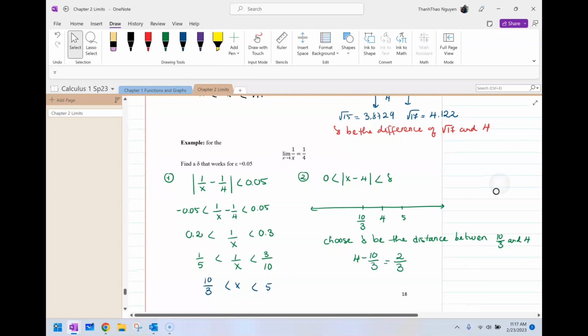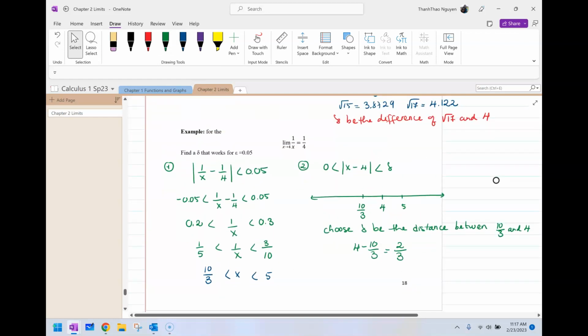Now, you don't have to worry about the precise definition of limit very much. I just want you to be able to see it and know where it comes from, and maybe be able to find some delta and epsilon. But I won't go too deep into it. There's a lot more written in the book. If you would like to talk more about it, you can always come and see me during office hours. There are other resources you can look at with more illustrations.